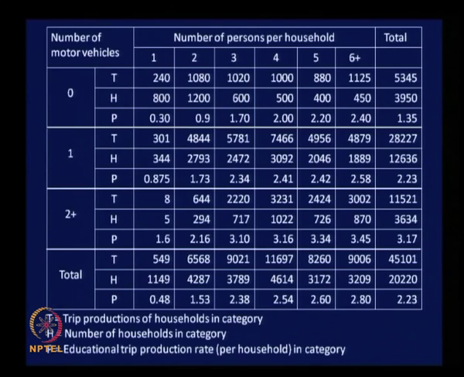This is simply tabulating the available information, which provides us some basic idea about the trip rate related to the relevant characteristics of households. You can prepare similar table for work trips, shopping trips, and so on.